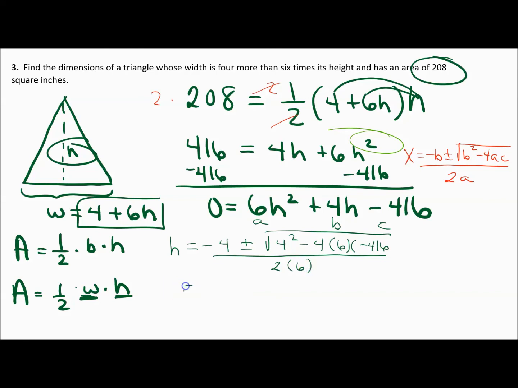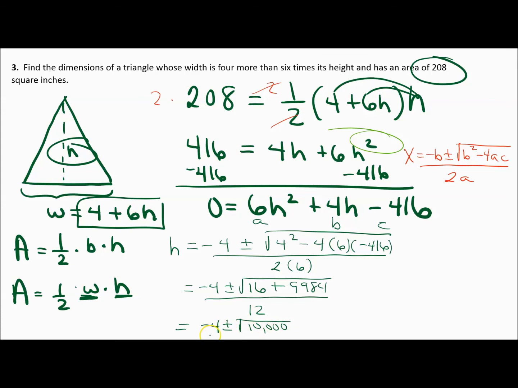I simplify, so I have h equals negative 4 plus or minus the square root of 16, and I multiply 4 times 6 times 416, and I get a big number, and it's a positive big number because negative times negative is plus, and that's 9,984, all divided by 12. I continue to have negative 4 plus or minus the square root of 16 plus 9,984 gives me 10,000.